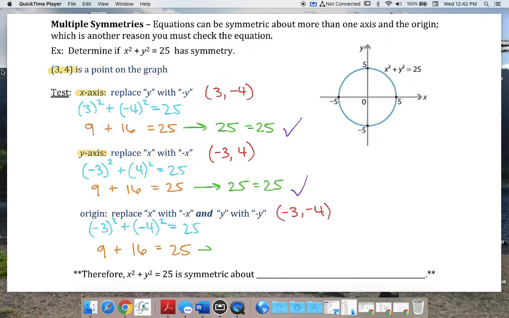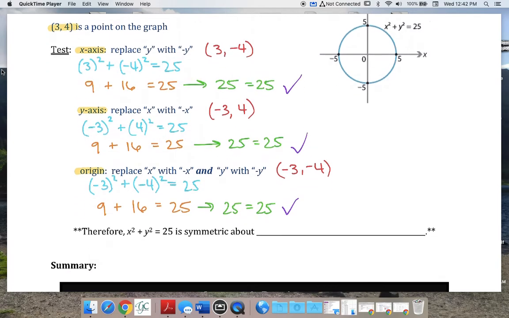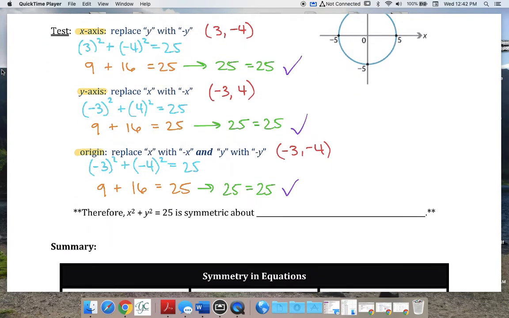And 9 plus 16 still results in 25, so we are left with 25 equals 25, which is a true statement, which means our graph also has origin symmetry. So our graph this time was symmetric about the x-axis, the y-axis, and the origin.